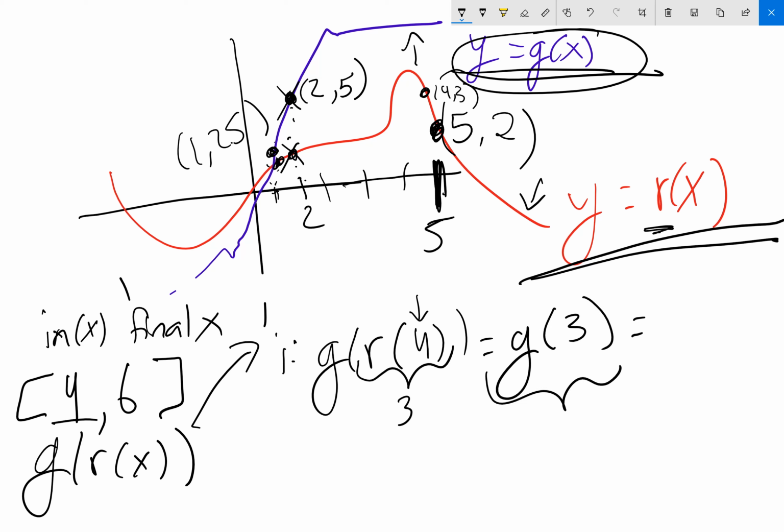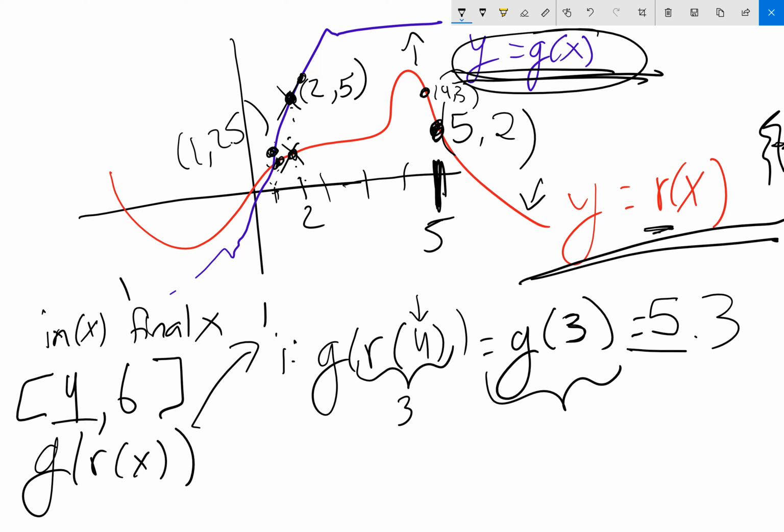So the output of the g function when the input, or x, is 3 is going to be, let's say, 5.3, something like that. You don't need to be, as long as you're close. She's not going to be super picky about what decimal value you choose. Okay, yeah, so we did 3, and it's around here somewhere.